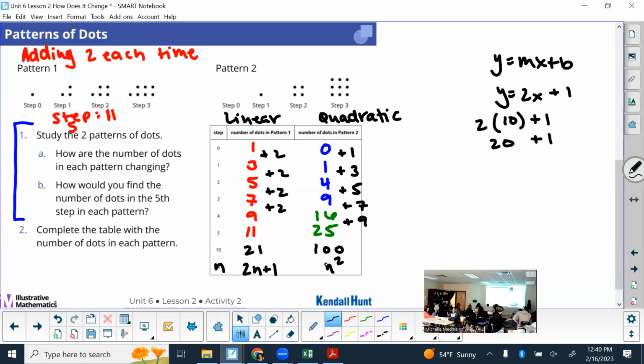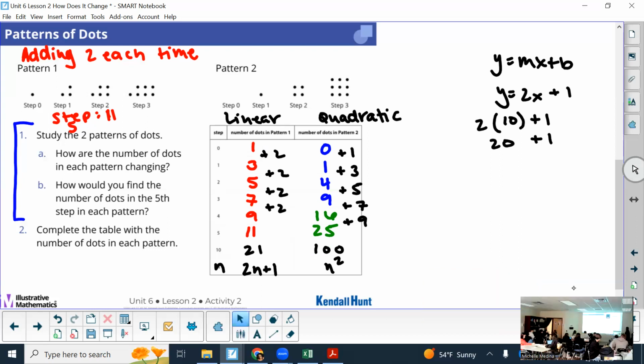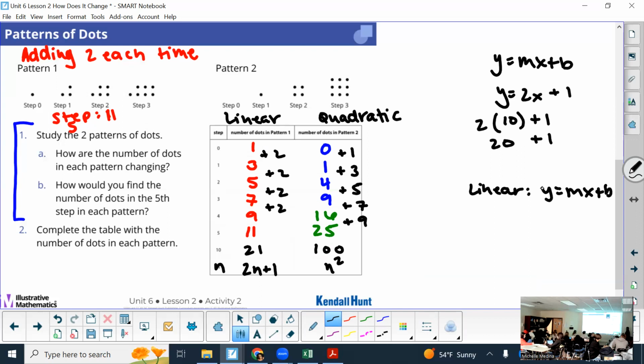Now let me show you the definition for quadratic real quick. Well, actually, let me have you write some stuff down first. So maybe star or highlight what I'm about to tell you. Linear was what type of equation? Good, it's y equals mx plus b, and you can recognize it if it is adding the same number each time.